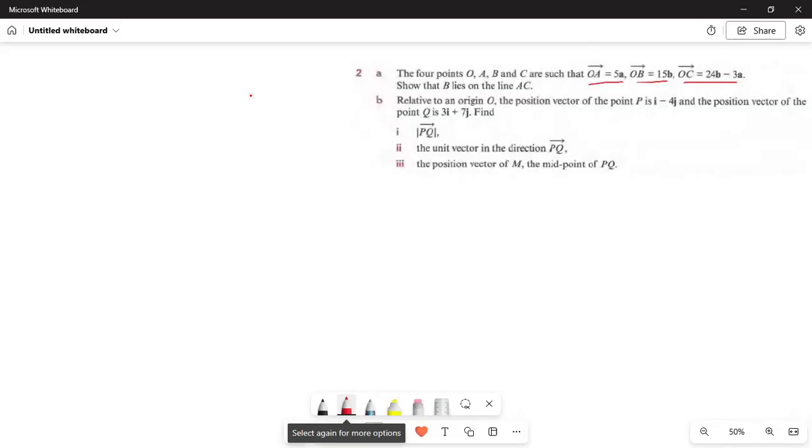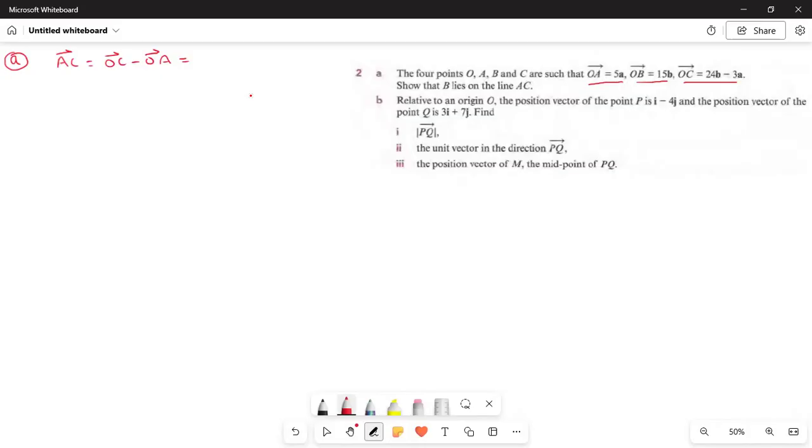So first, I'm doing part A. First I will try to find this vector AC. AC is of course OC minus OA. I think we have done this before, so you know this.